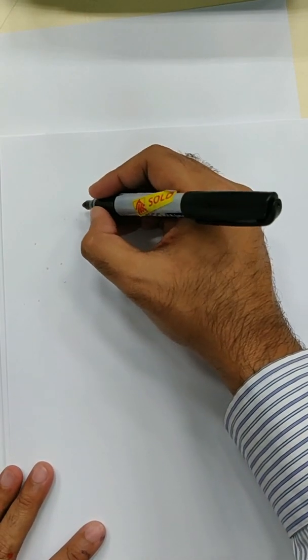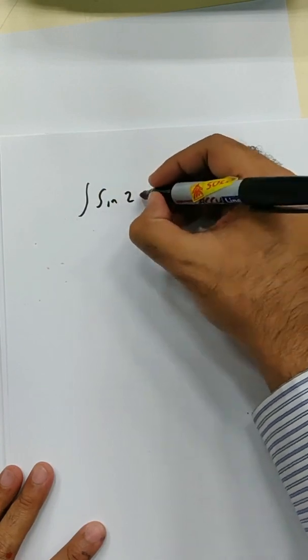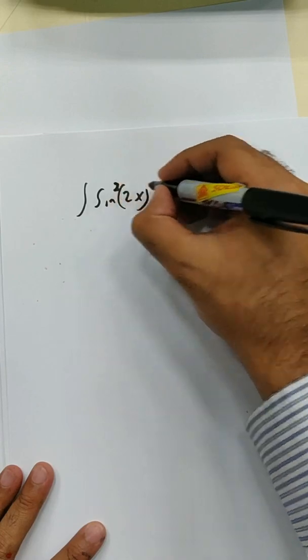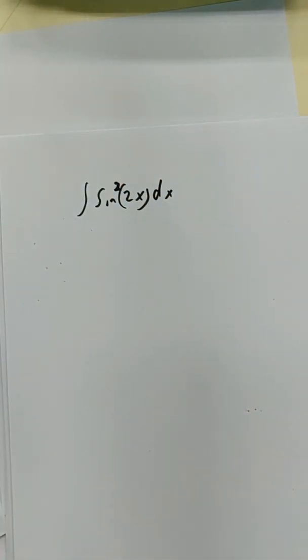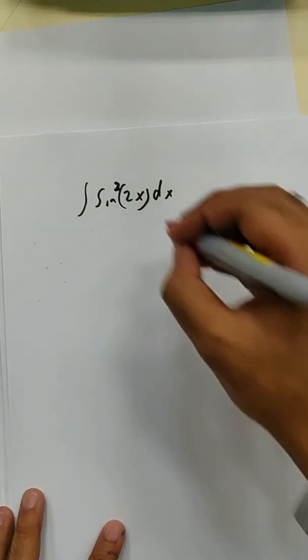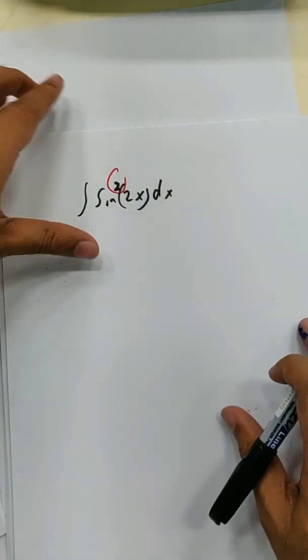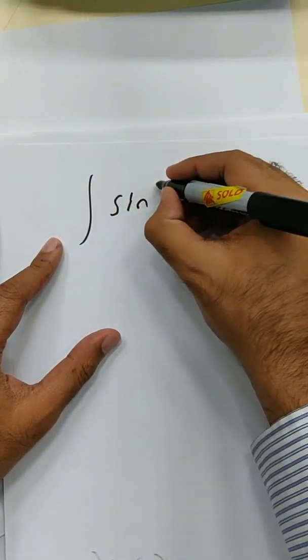If I give you something like this, integrate sine squared, what can we see here? What rules does it violate? The power. This one has power 2. Maybe I write it down better for YouTube, you know, people all over the world.